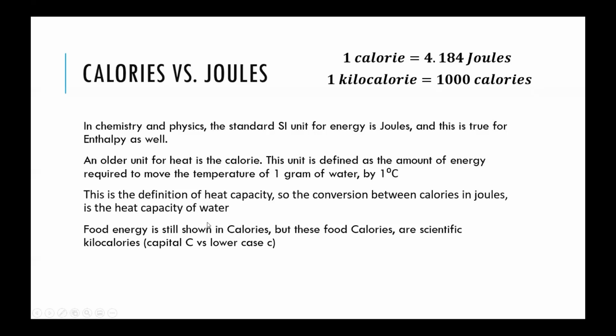Where you may have seen calories before is on food packaging and food labels. On food labels, the nutrition information lists the calories, and these are the actual energetic calories that you can measure in a lab setting. But the one difference they do is use calories with a capital C. And really what that indicates is that these are kilocalories.